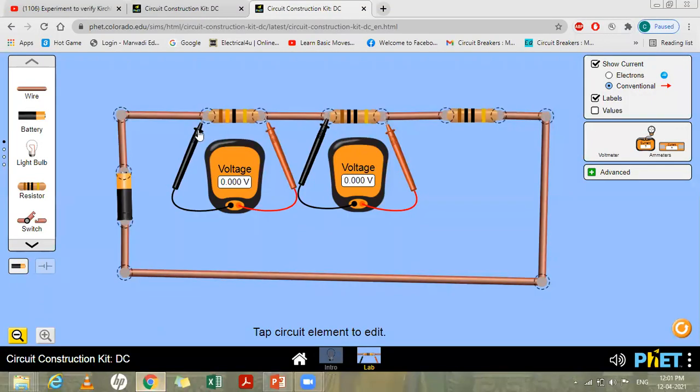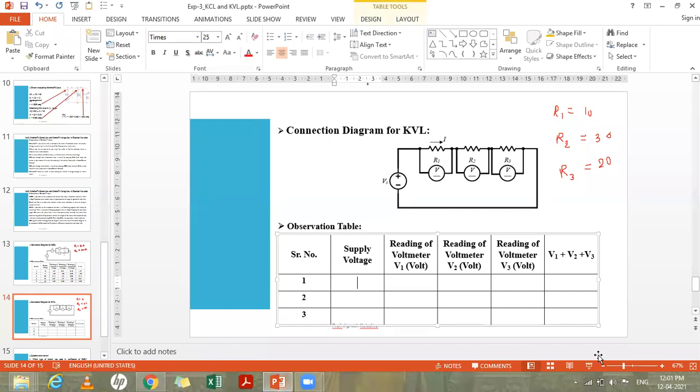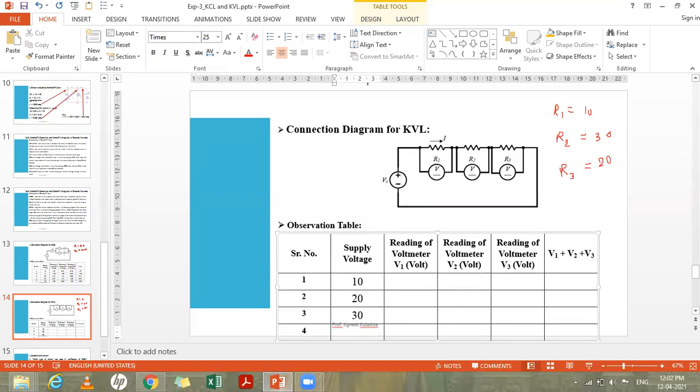First of all, I am putting the value of R1 as 10, this is 30, and here is 20. 10, 20, 30, 40.